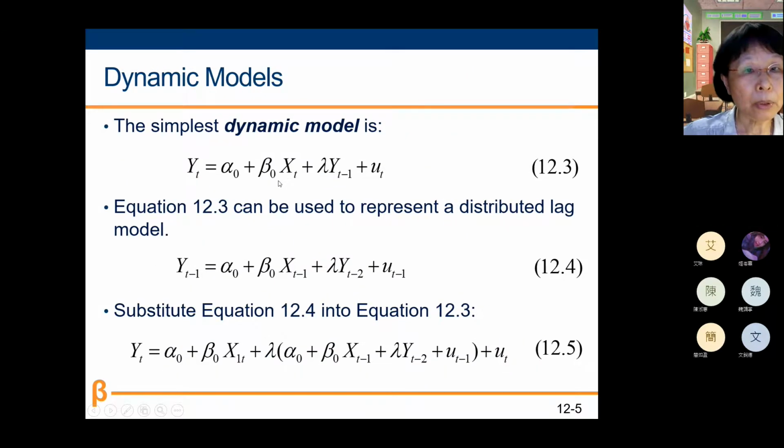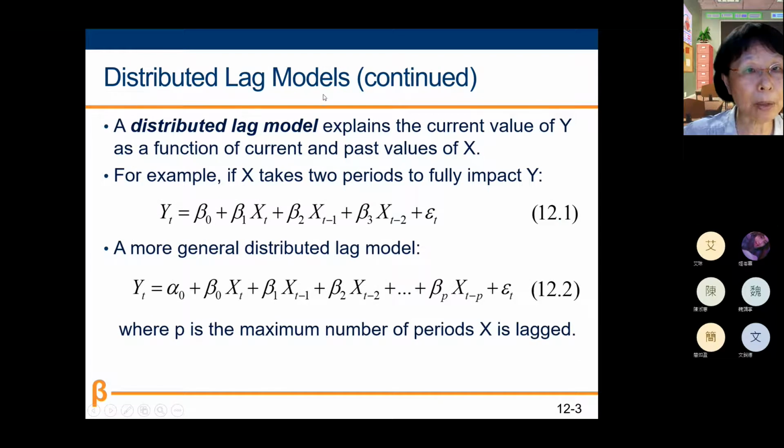In the distributed lag model, the lagged independent variable appears on the right-hand side of the equation, such as 12.1 and 12.2. 12.1 is the model with two lags, t minus 1 and t minus 2.